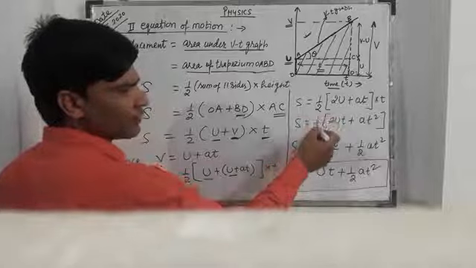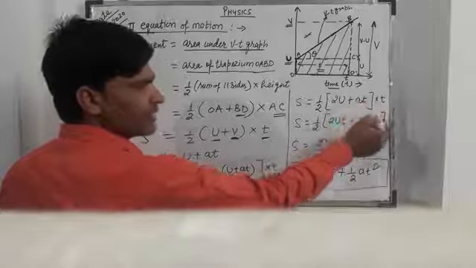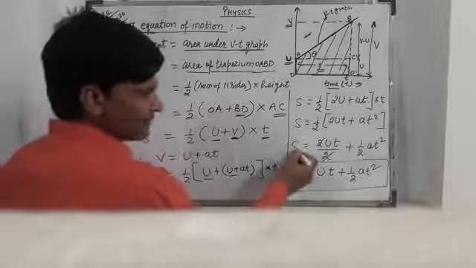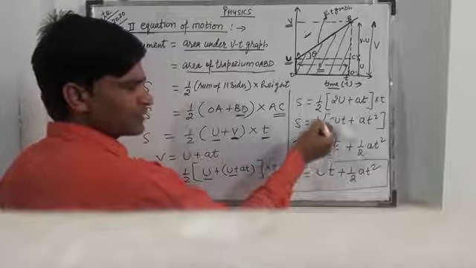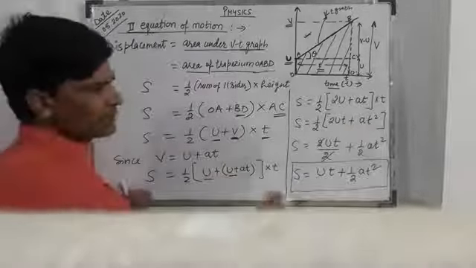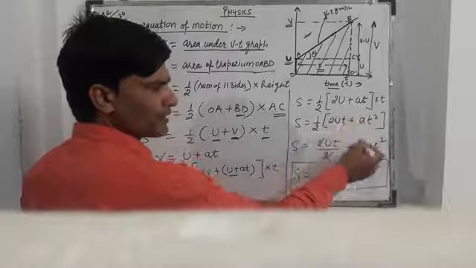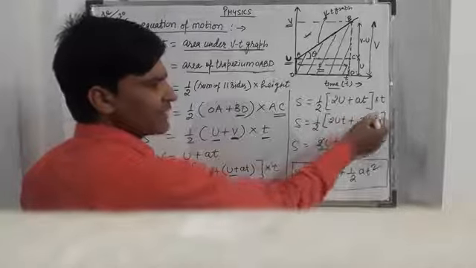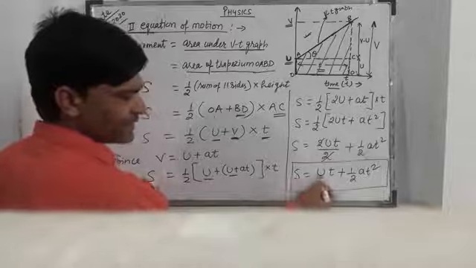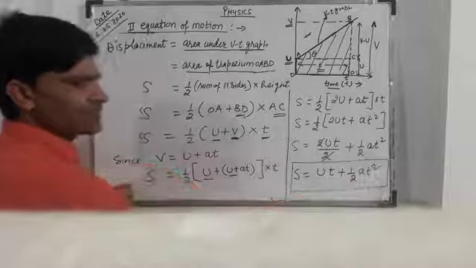Then we get 1 upon 2 into (2ut plus at square). Finally, multiplying 1 upon 2 into the bracket, we get 2ut upon 2 plus half at square. Then we get s is equal to ut plus half at square.